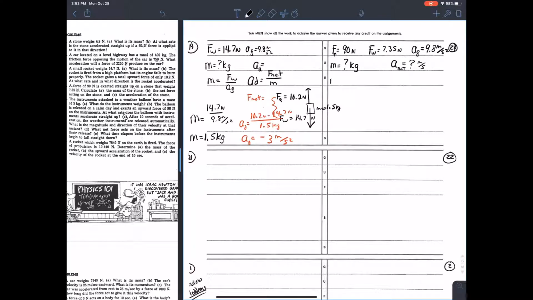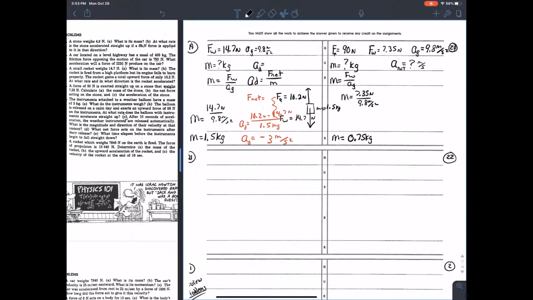All right, the mass of this, we're going to take the weight divided by gravity. Okay, so plugging these in, you have mass equals 7.35 newtons divided by the gravitational pull. So that means that when we plug that into the calculator, we get a mass of 0.75 kilograms.